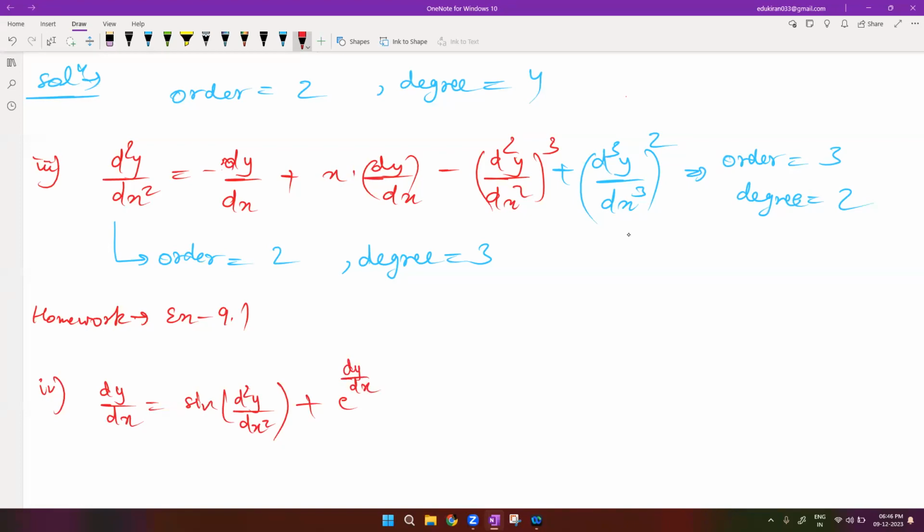Can you tell me the degree and order of this differential equation? Order is two, right? And degree, it's not defined, right?